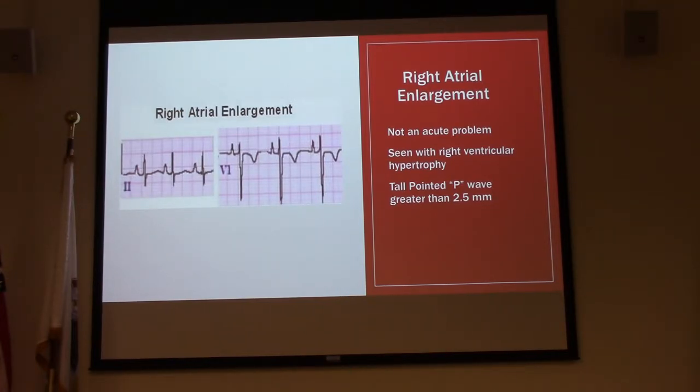But in reality, there's nothing for treatment. It just gives us a general idea. If we see someone with right atrial enlargement, it would not be uncommon for them to have right ventricular heart failure. We might see pedal edema, ascites in the abdominal area, JVD actually occurring. And this can help us figure out with these pieces of the puzzle what really might be going on with our patients.